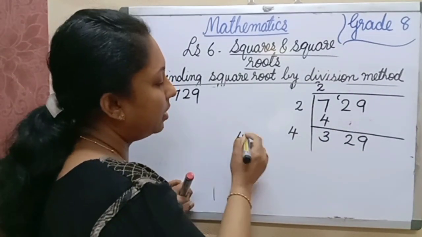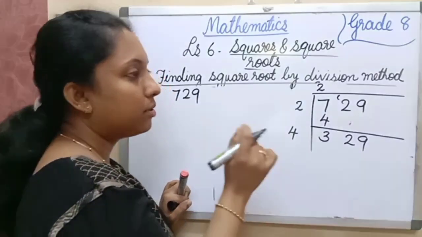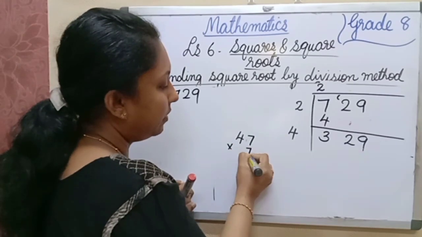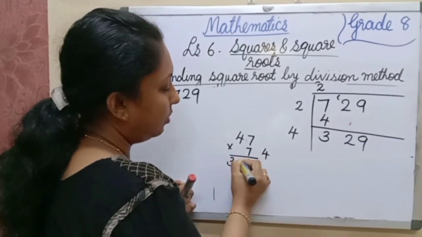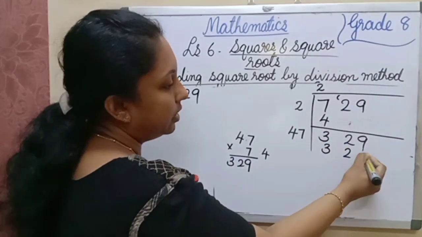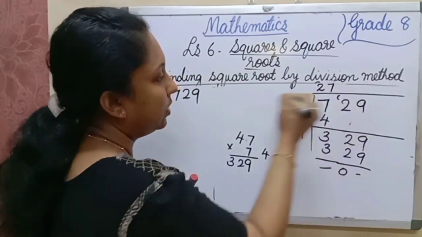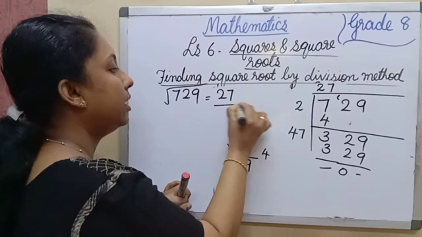So which number? 7 sevens are 49, so the ones digit is 9. So we put 7 here. 7 sevens are 49, so 329. Put 7 here also. So 329 minus 329 is 0. So 27. The square root of 729 is 27.